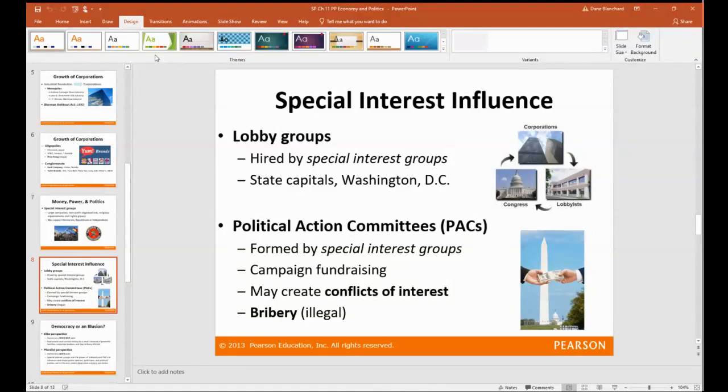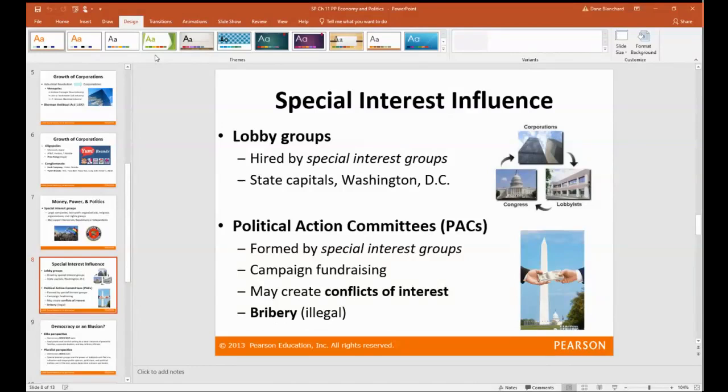And they will strategically put these lobbying groups at various state capitals, like in Little Rock, Arkansas, and also at our nation's capital at Washington, D.C. And what they do is that they follow bills that are going through Congress or that are being looked at and potentially voted on. And they will usually try to lean on politicians in order to vote a certain way. So they have a presence there to try to influence that.